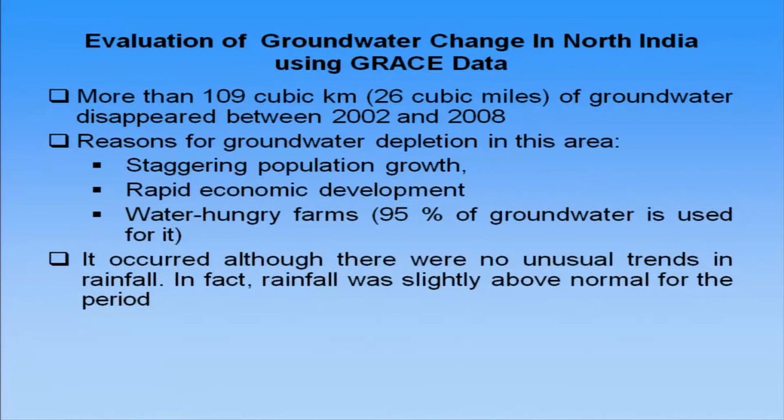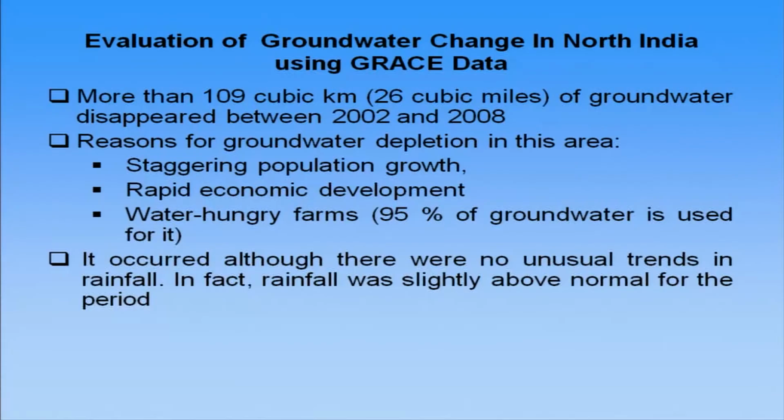So urbanization is also consuming more and more water, and the excess requirement beyond the water available on the surface is met by pumping water out from the groundwater, and that is resulting in the depletion. So the disappearing of such a large chunk of groundwater is mainly because of population growth, rapid economic development and irrigation purposes. So it occurred although there was no unusual trend in rainfall.